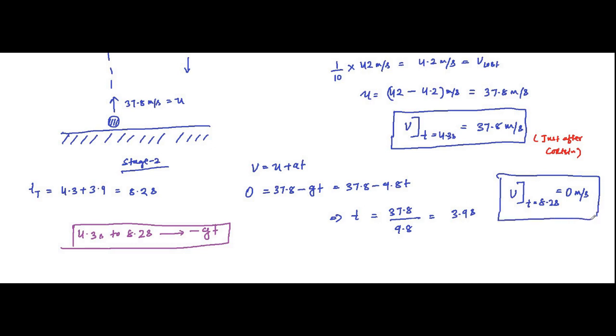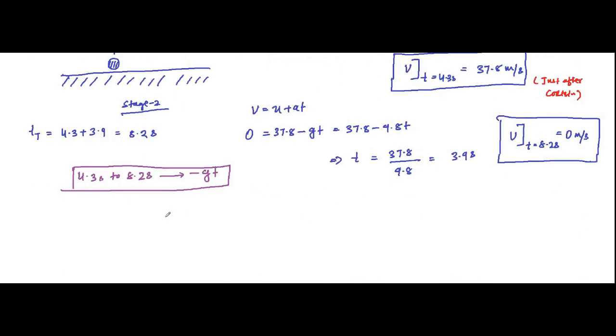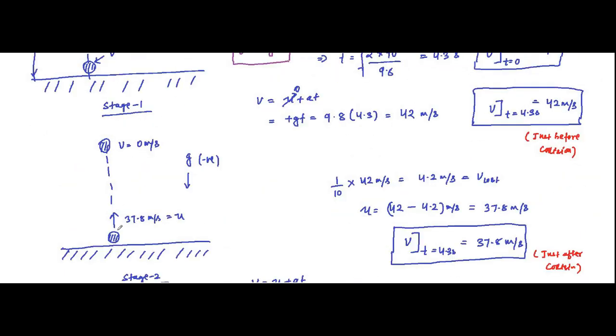Okay, clear? Now, if you remember, in a video I have made entirely on motion of an object under the influence of gravity, it said that when an object is moving under the influence of gravity, the velocity with which it is projected upwards, it comes down exactly at the same point, with the same velocity.